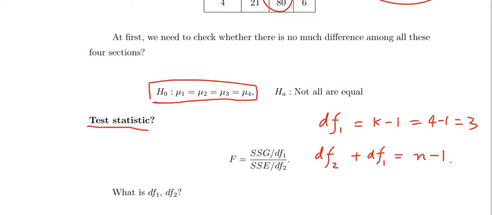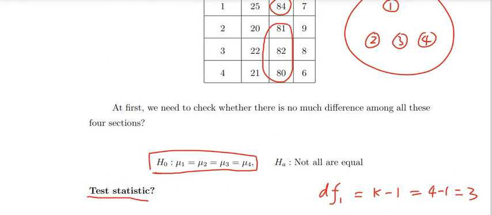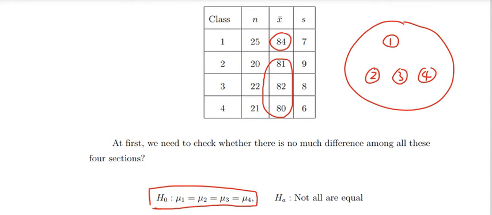Here n is the total number of the sample size. We put the 4 classes, or 4 samples, together. So how many students do we have when we put the 4 classes together?